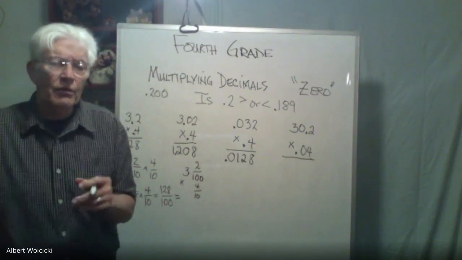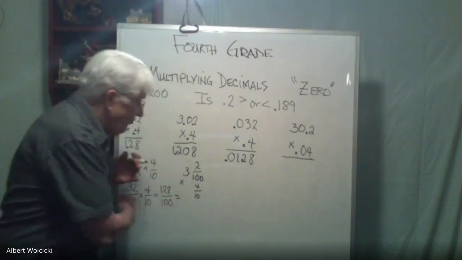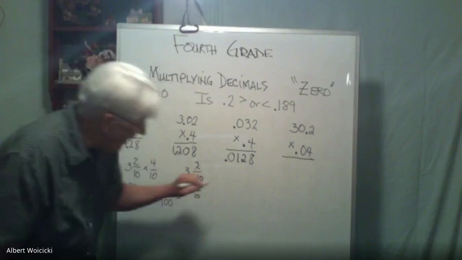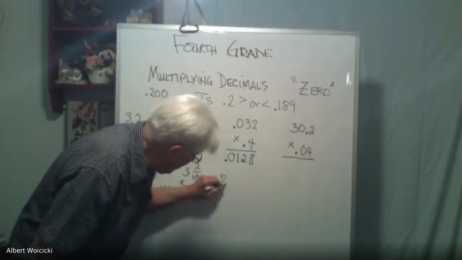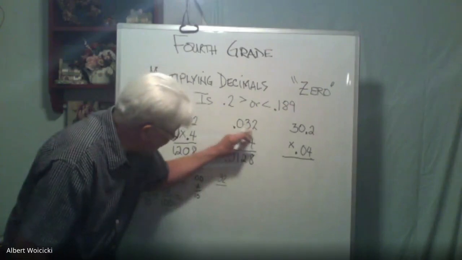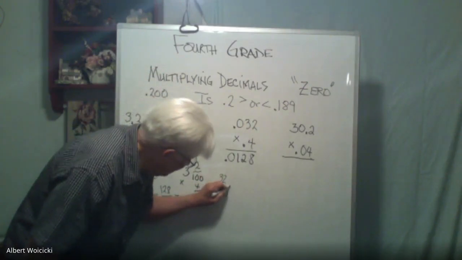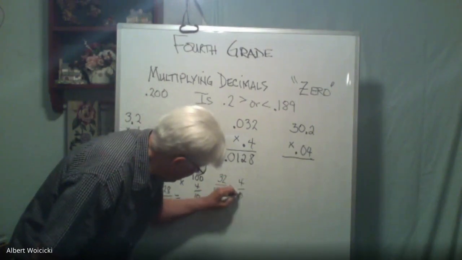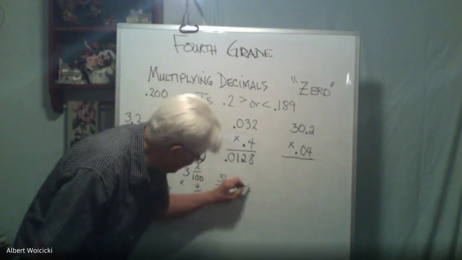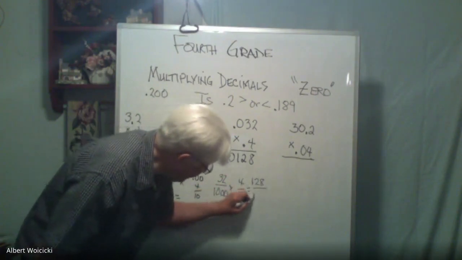But some are going to say, why? But if you've done these two, then when you do 32 thousandths, that's what that is, 32 thousandths times 4/10, what does that give me? It gives me 128 ten-thousandths.